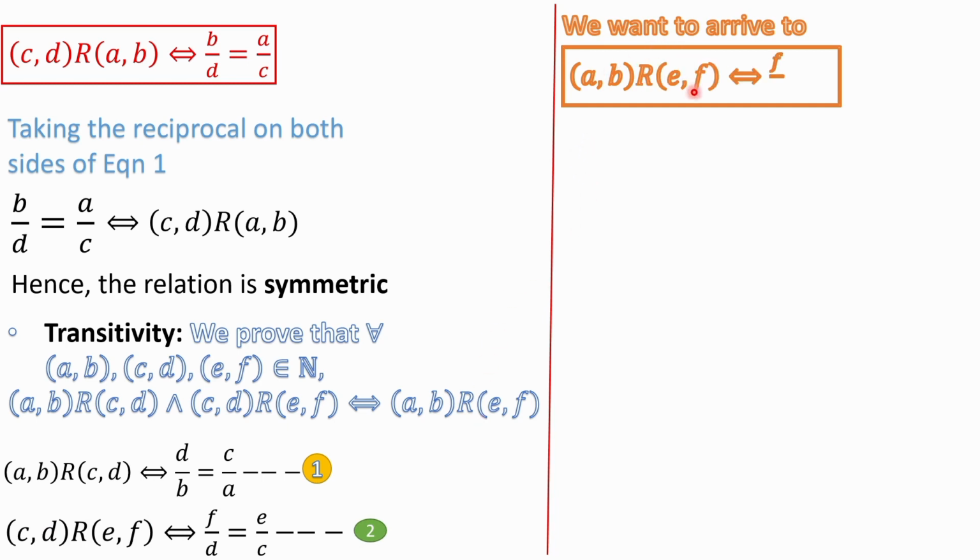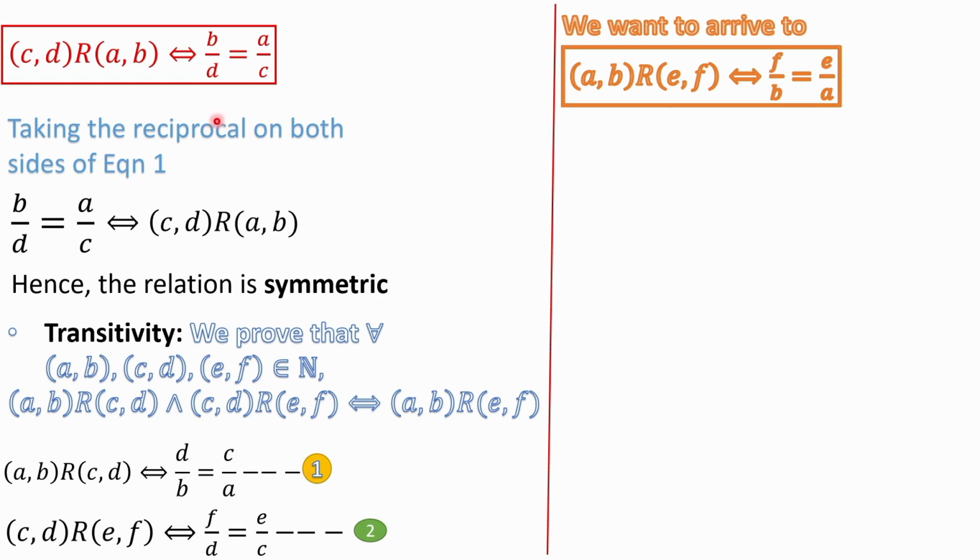(a,b) relates to (e,f) implies that we have f/b equals e/a. So that's where we have to arrive. To arrive here we need to use both equation 1 and equation 2.